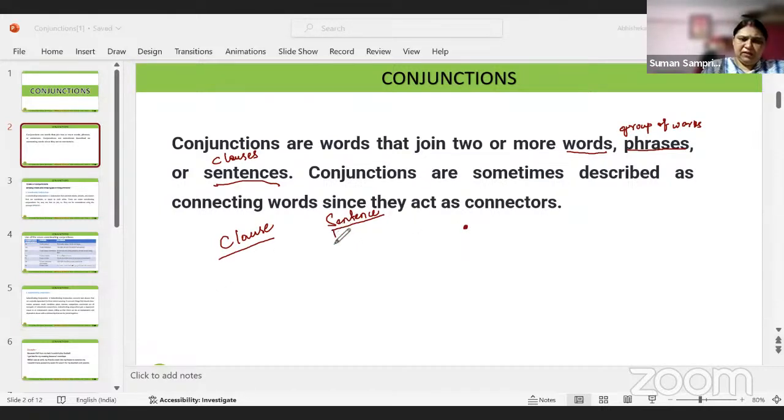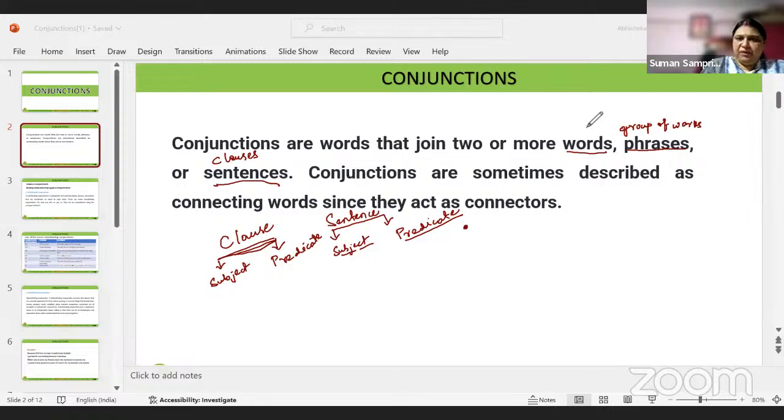Because in a sentence we know it has got a subject and a predicate, right? And in a clause also you will find at least one subject and one predicate. A sentence can have more than one subject and more than one predicate, but a clause will have only one subject and one predicate. And what are phrases?